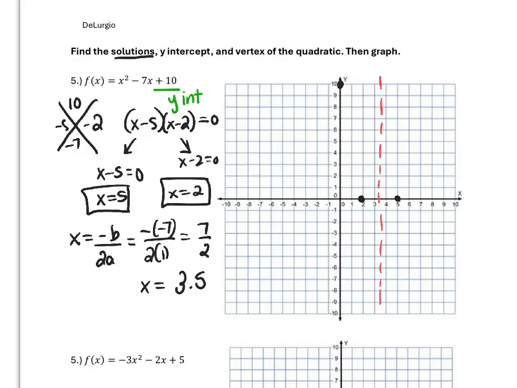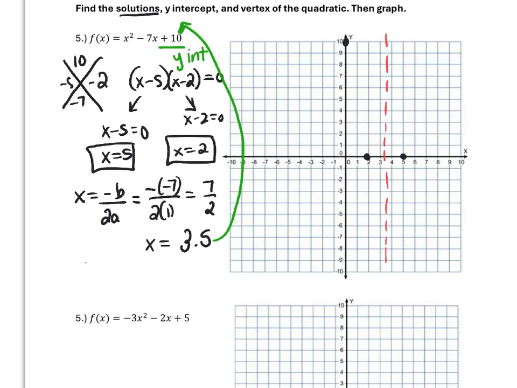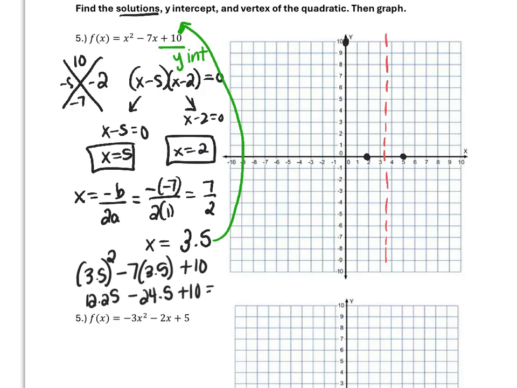To find the y coordinate of my vertex, somewhere along that 3.5, I take this and I plug it back into my original. So plug in 3.5 for x: 3.5 squared, 12.25, minus 7 times 3.5, which is 24.5, plus 10, and when I do all that math, I get -2.25.